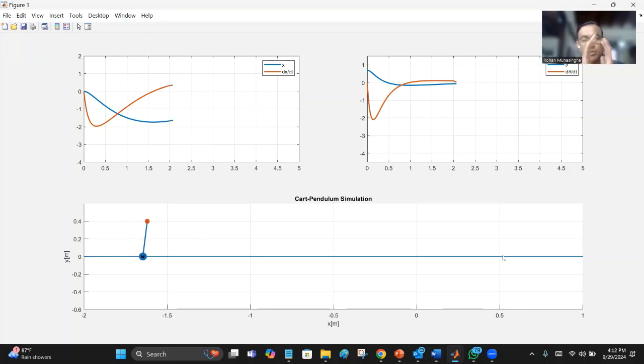The cart cannot move to the right straight away, even though the reference point is at 0.5 meters, because of the pendulum position. When the pendulum is like that, if you move this way, it will fall down, right? Therefore, based on the pendulum position, it has to move in the opposite direction first and then come gradually, right, to the reference point, that is 0.5 meters.